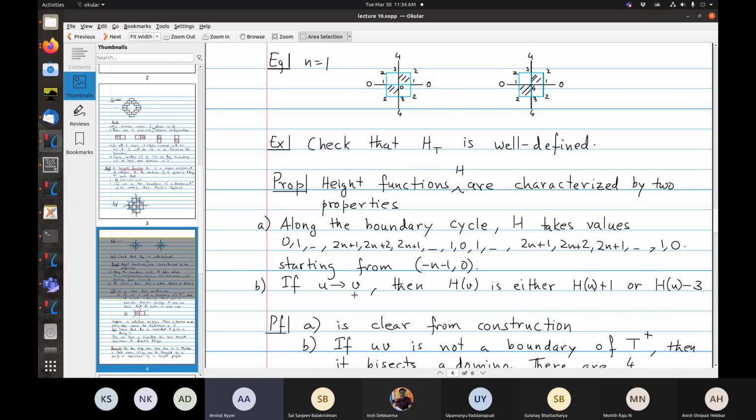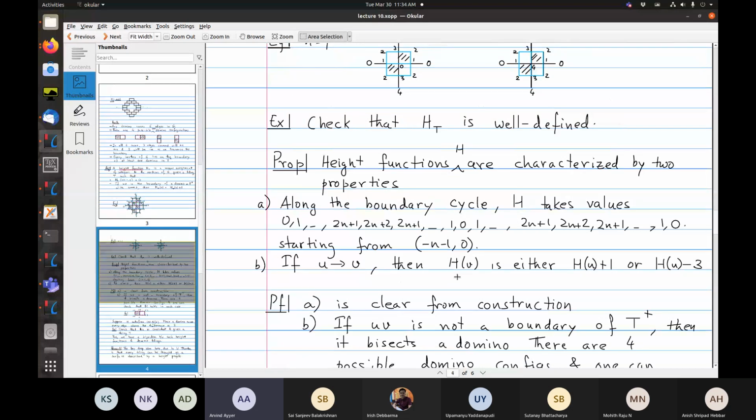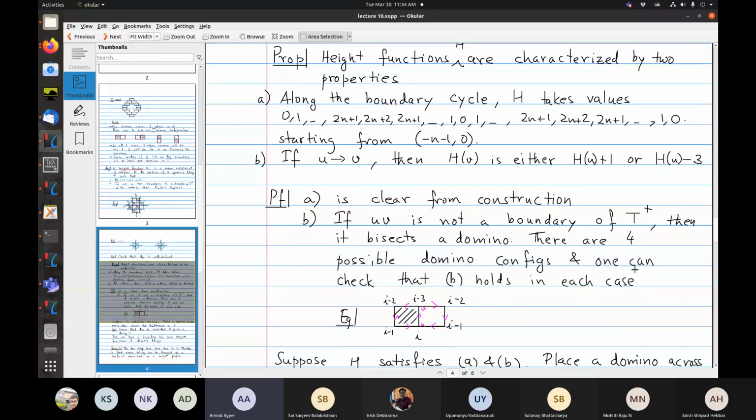But the key point is that heights of vertices, as you go along edges, change by either 1 or 3, and this difference 3 occurs if and only if the edge is not part of the boundary of a domino.